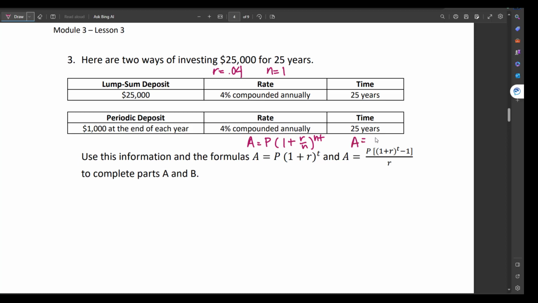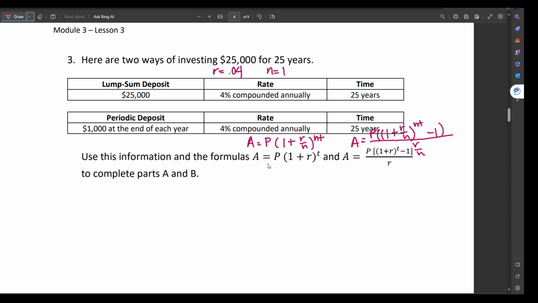And then also you were given that A equals P, the one that we just got today, 1 plus R over N to the NT power minus 1 divided by R over N. So what they have done is taken into account that N equals 1, so they have taken it out because anytime you divide a number by 1, it is itself, and anytime you multiply a number by 1, it is itself.